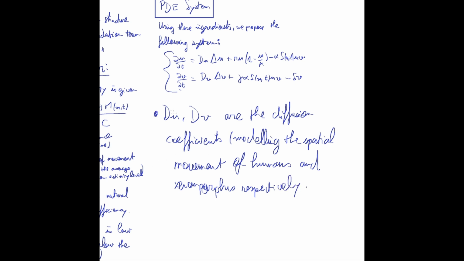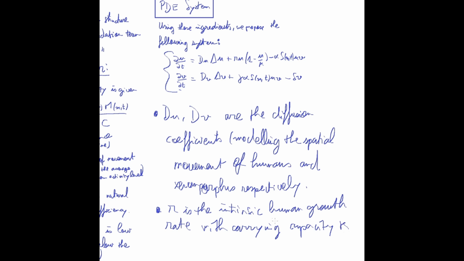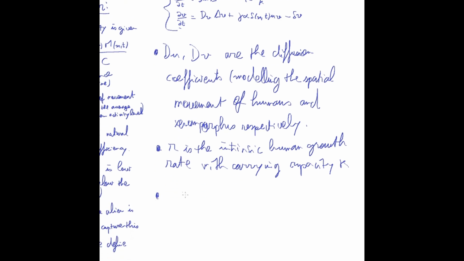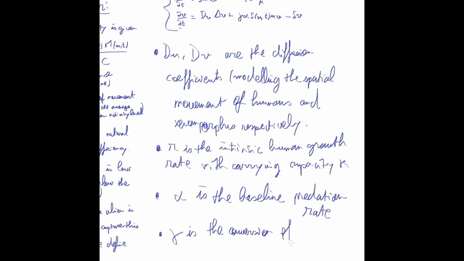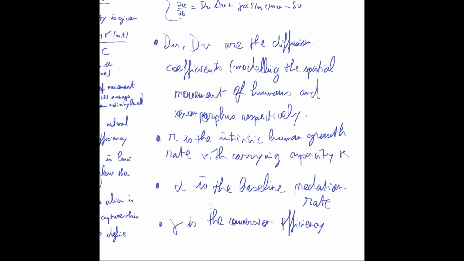R is the intrinsic human growth rate with carrying capacity K. Alpha is the baseline predation or elimination rate. Gamma is the conversion efficiency, that is to say, how effectively consumed human life essence converts into xenomorph propagation.